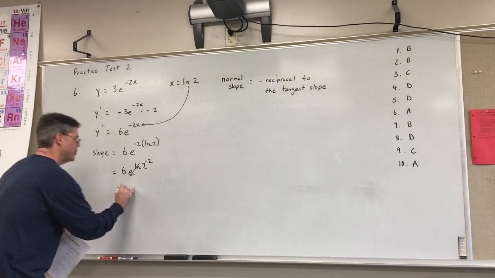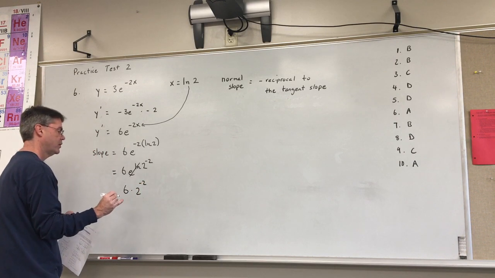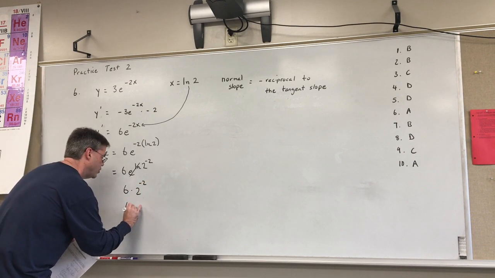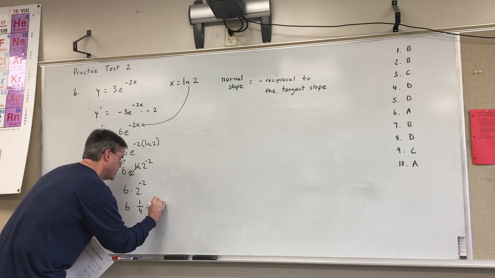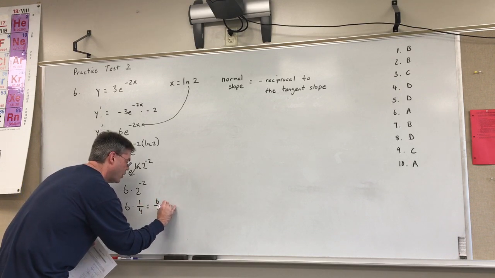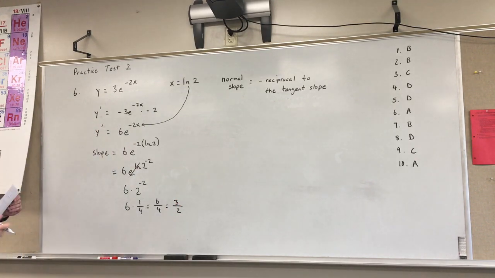Okay, so that's the same as 6 times 2 to the minus 2. 2 to the minus 2 is a fourth. So that's going to be 6 over 4, which is 3 halves.